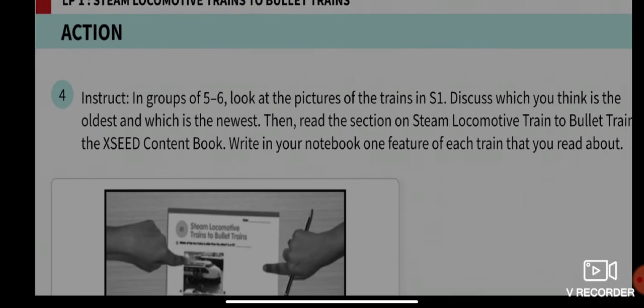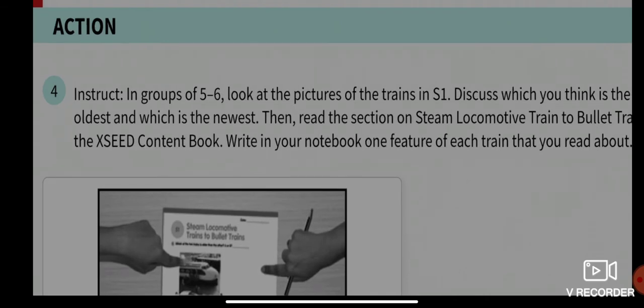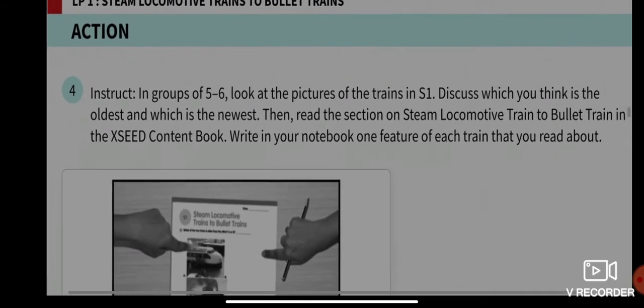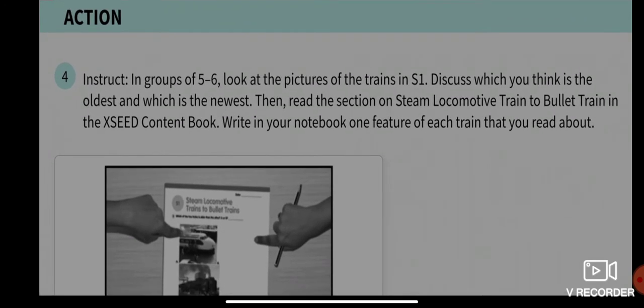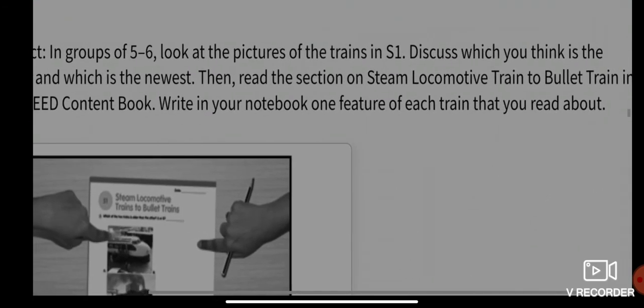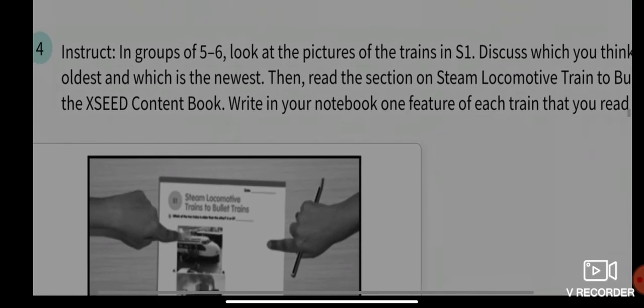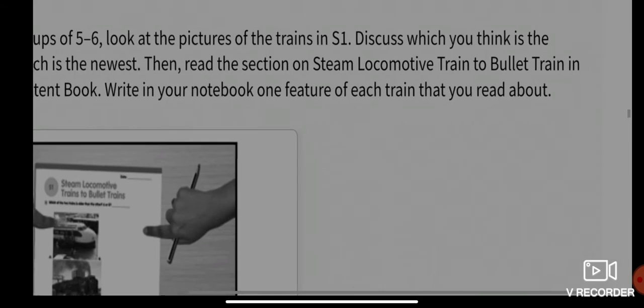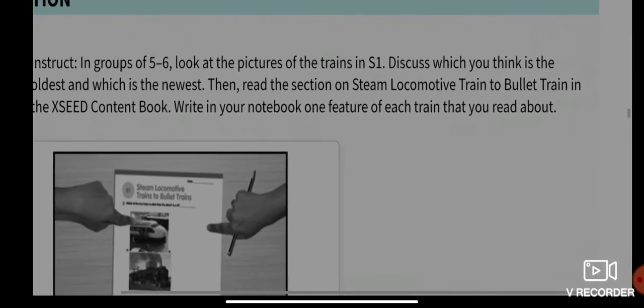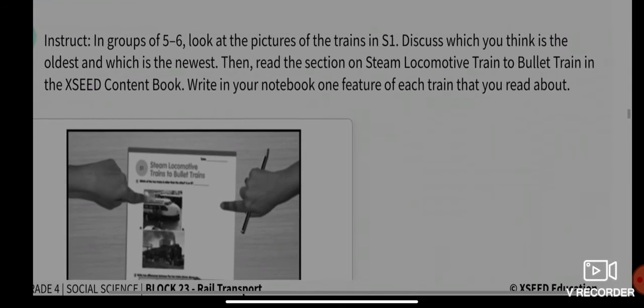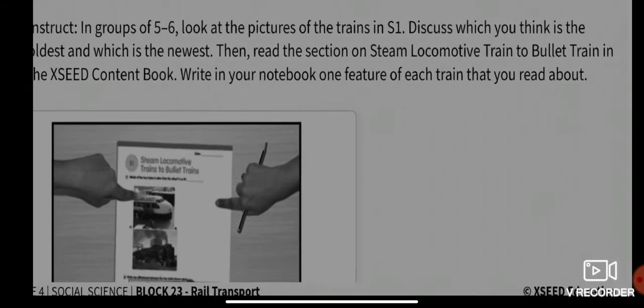Now, I want all of you to open your worksheet S1. Then read the section steam locomotive train to bullet train in the exit content book, and write in your notebook one feature of each train that you read about.